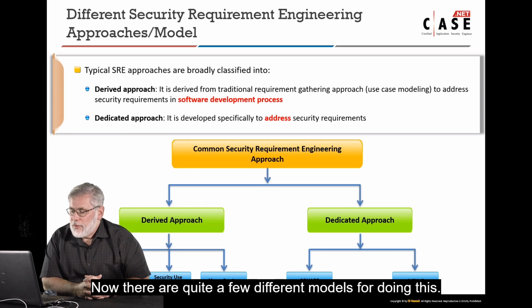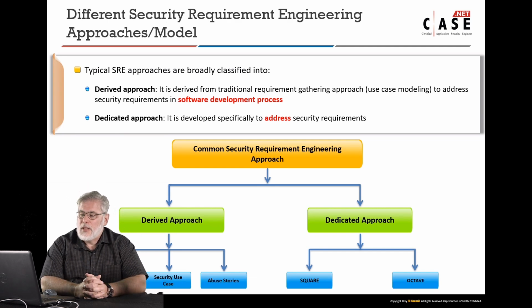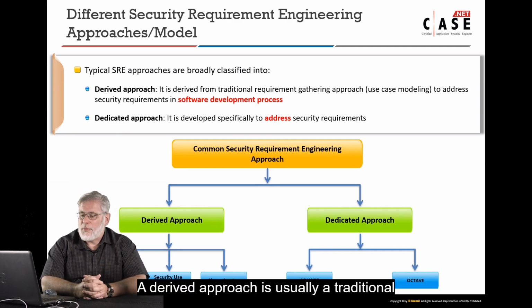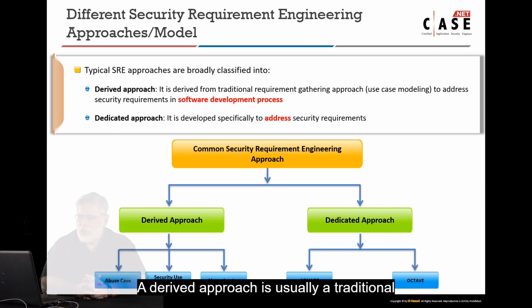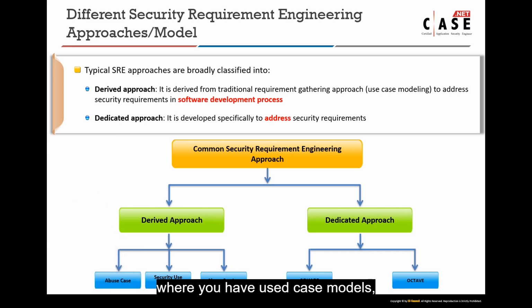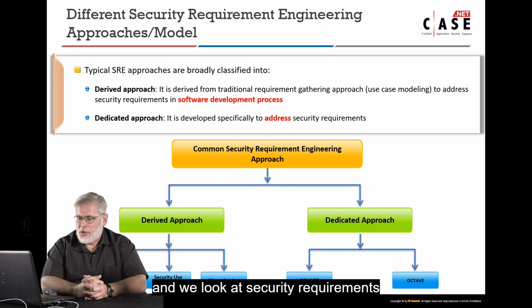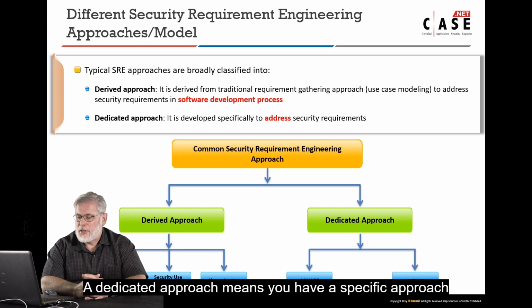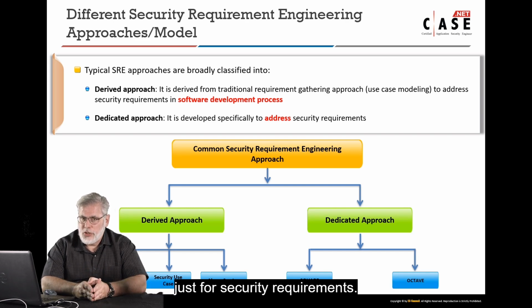Now, there are quite a few different models for doing this. A derived approach is usually a traditional requirements gathering approach where you have use case models. We'll see some of those in a little bit. And we look at security requirements in the development process. A dedicated approach means you have a specific approach just for security requirements.